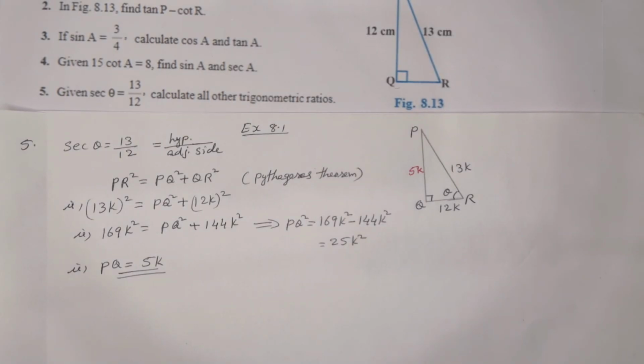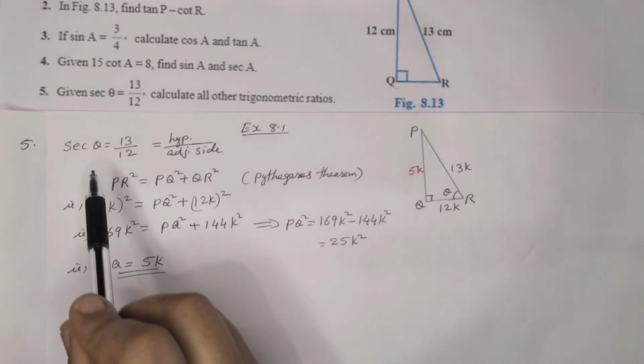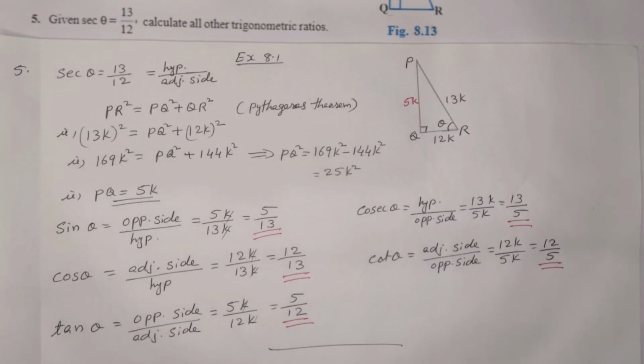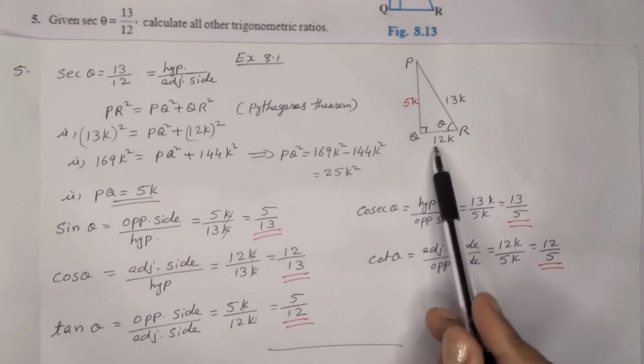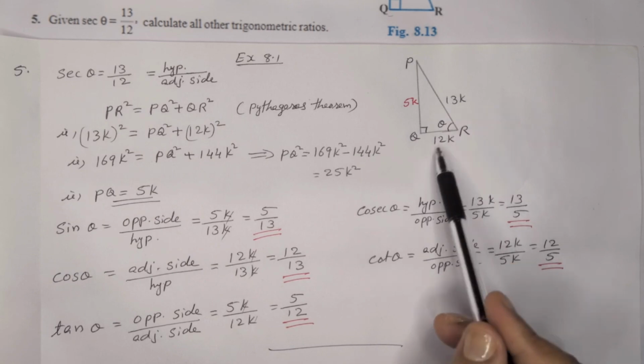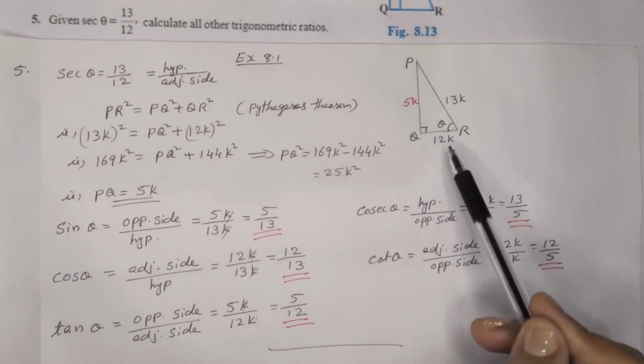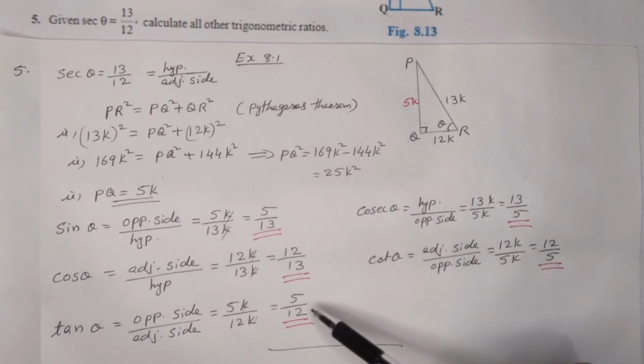Now we have to find all other trigonometric ratios: sin, cos, tan, cosec and cot. Sin theta is opposite side by hypotenuse, so 5 by 13. Cos theta, adjacent side by hypotenuse, so 12 by 13. Tan theta means opposite side by adjacent side, 5 by 12.